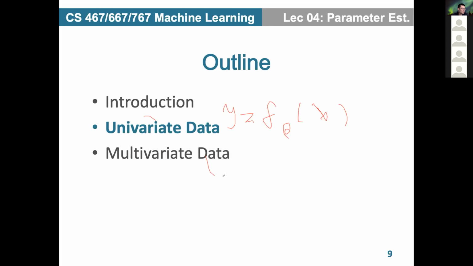If we look at the multivariate data, we are looking at y equal to f theta x, but this x is a vector. It's not just one dimension. It's multivariate. And again, theta itself is almost always a vector. At least it's not just a scalar.